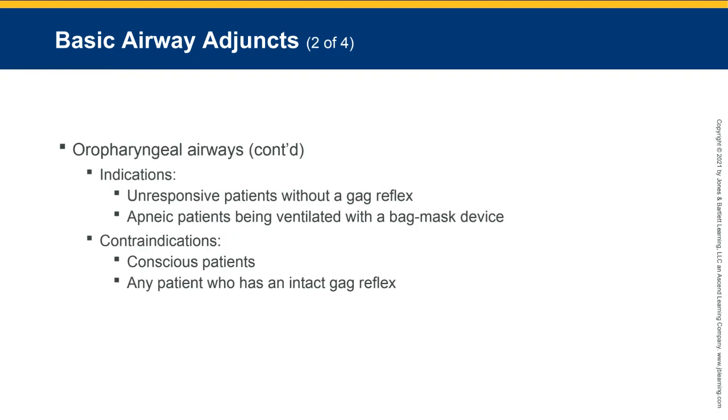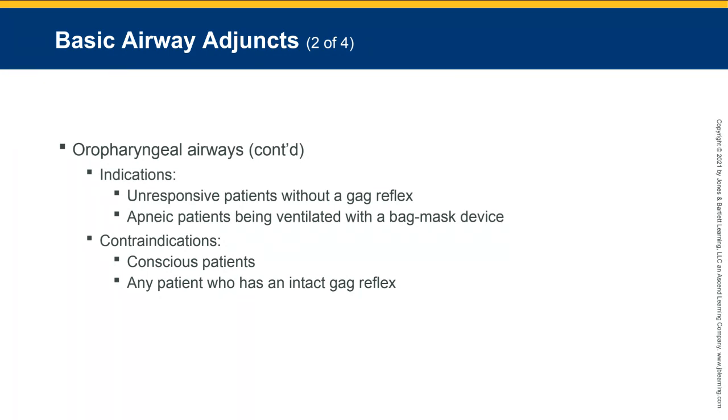Now, indication for your oropharyngeal airway. Again, indicators are very important, and this is where EMTs have issues, because we're not looking for indicators and we're making the decision to put in an airway adjunct. Look for indicators. Indicators must be present before the airway device is used.